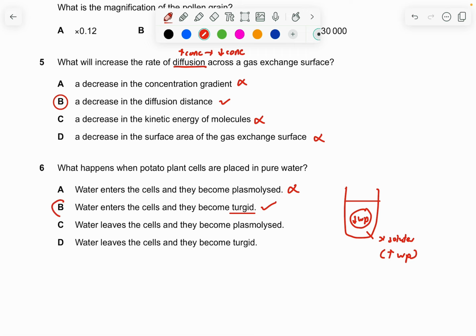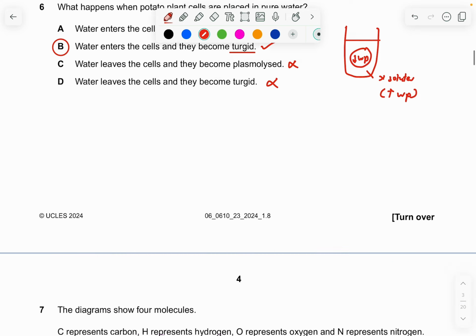So that's why the answer for this is B. Both C and D, water leaving the cell, are wrong because pure water has higher water potential than the other types of solutions that we have, like a high amount of salts, something like that. Okay.